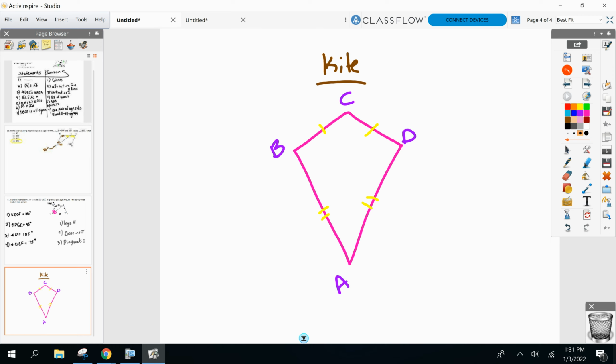I don't want you to hit the kite problem tomorrow and be like, ah. One pair of opposite angles. How do I know which pair? It's the angles formed by the non-congruent sides. You see how these two non-congruent sides meet at B, and these two non-congruent sides meet at D. That's it, not the other pair, just one pair.